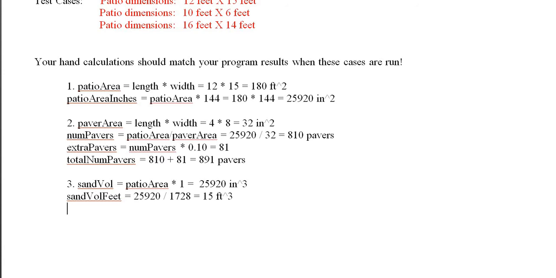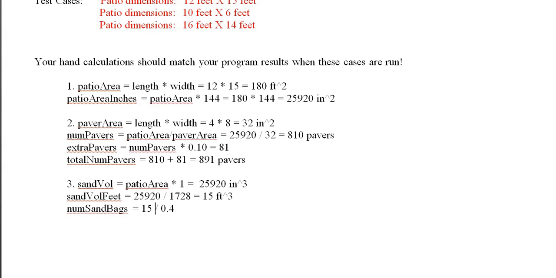Our bags are 0.4 cubic feet, so the number of sand bags is going to be the volume of sand, which is 15, divided by 0.4 cubic feet per bag.